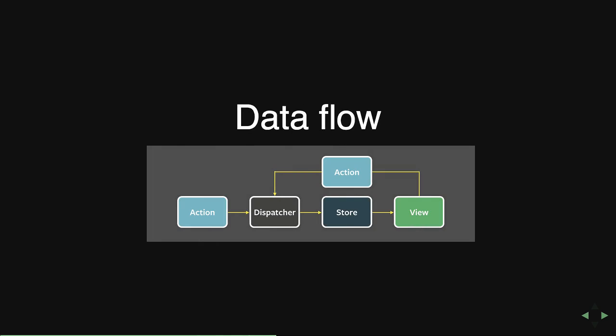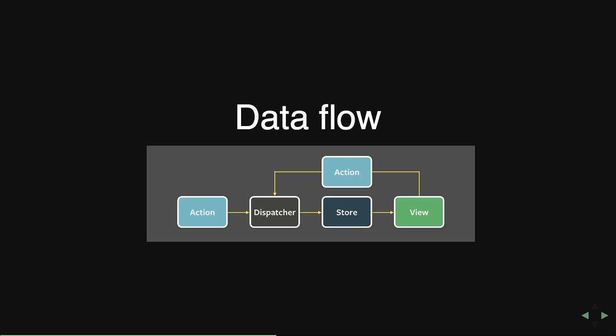And this is the data flow that usually occurs in an app. The reason why I usually say that this is a one-way data flow is because you have your views fire actions into the dispatcher. Also, those actions can come from other stores or other parts, or even other components that you have, which are not exactly part of the Flux architecture.